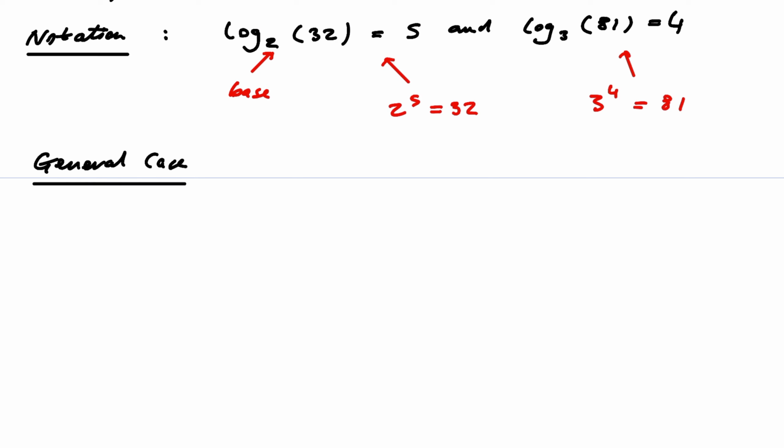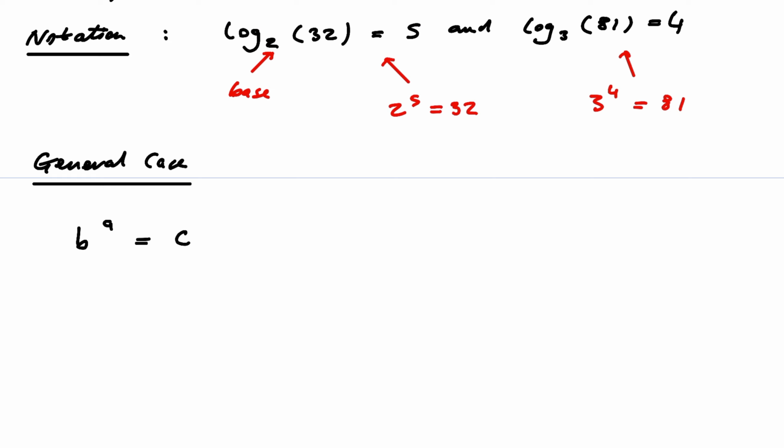So the general case. So what have we got? Well, I've got some base b to some power a is equal to c. And I imagine I know what b is and I know what c is, right? Just like here, I know 2 and 32 and 3 and 81. And I need to know what the exponent is.